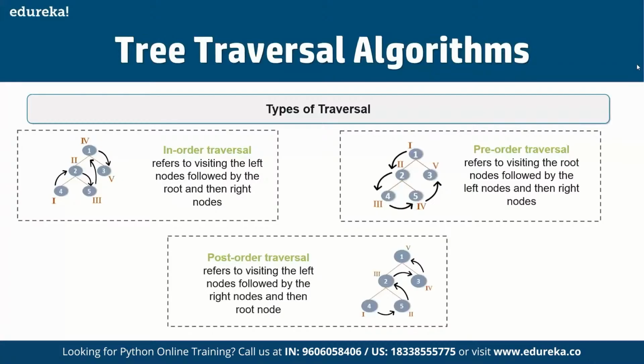Now, as a reference, we can see from this given diagram that 4 is the leftmost node, and hence this is going to be the first node that is visited.